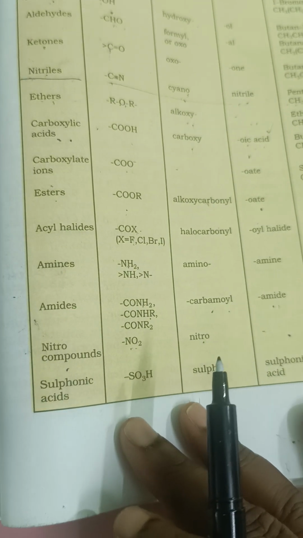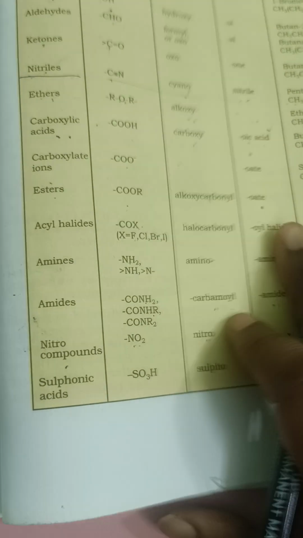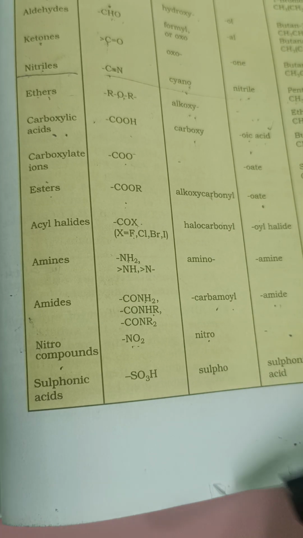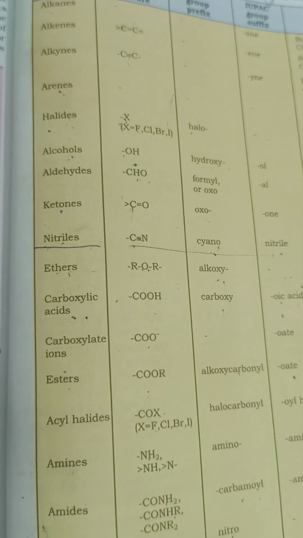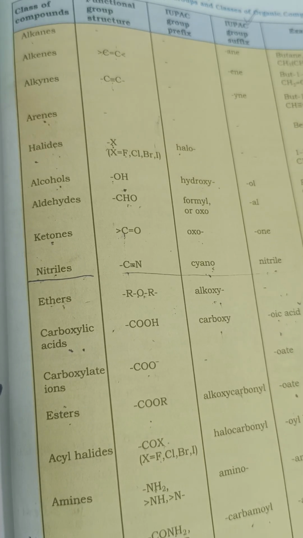With this we have finished today's class. We have finished the functional groups and all the different classes of compounds. In the next class we are going to discuss each and every example, and you need to solve as many examples as possible.